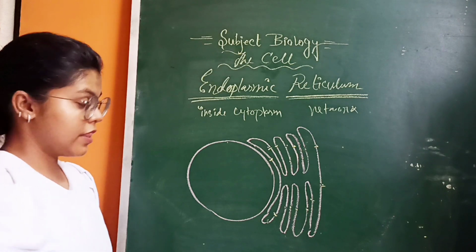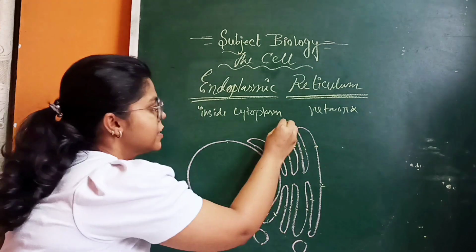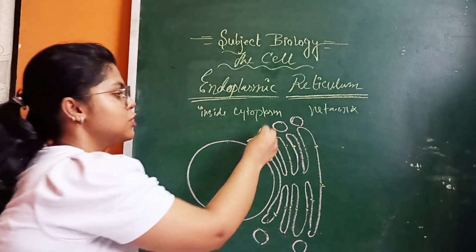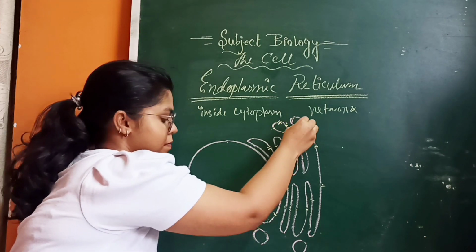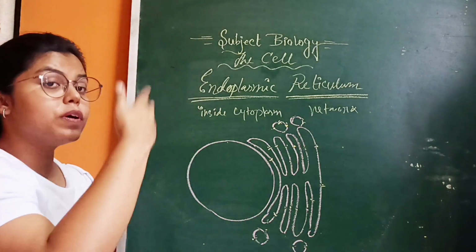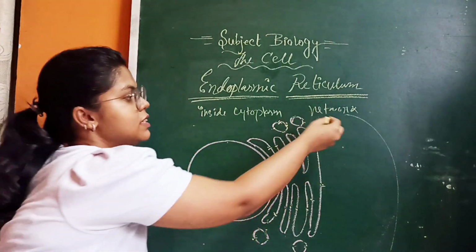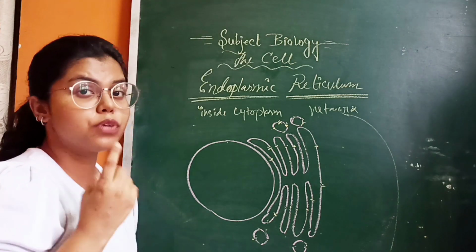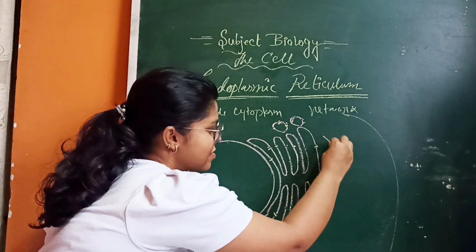And the vesicles are near the cisternae. Here also ribosomes are present. And towards the plasma membrane, like this is the plasma membrane, closer to the plasma membrane, the tubule structure of endoplasmic reticulum is present.